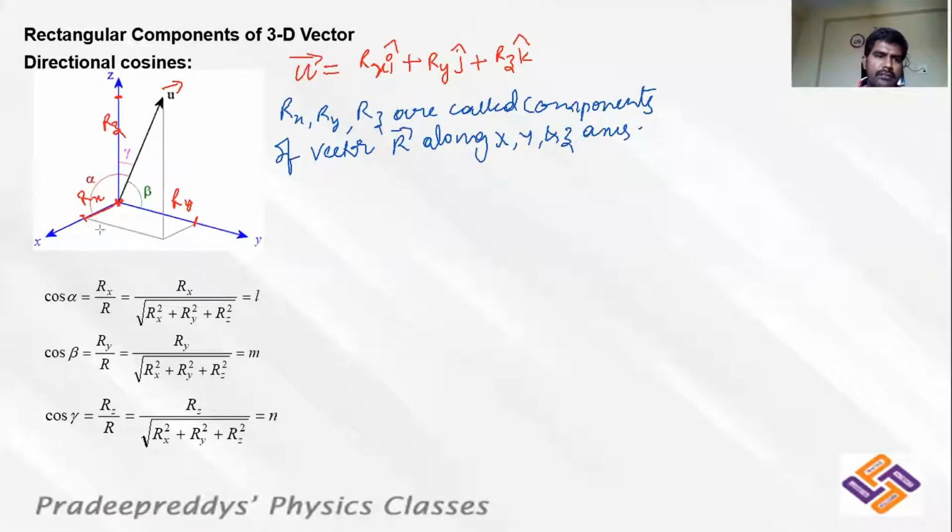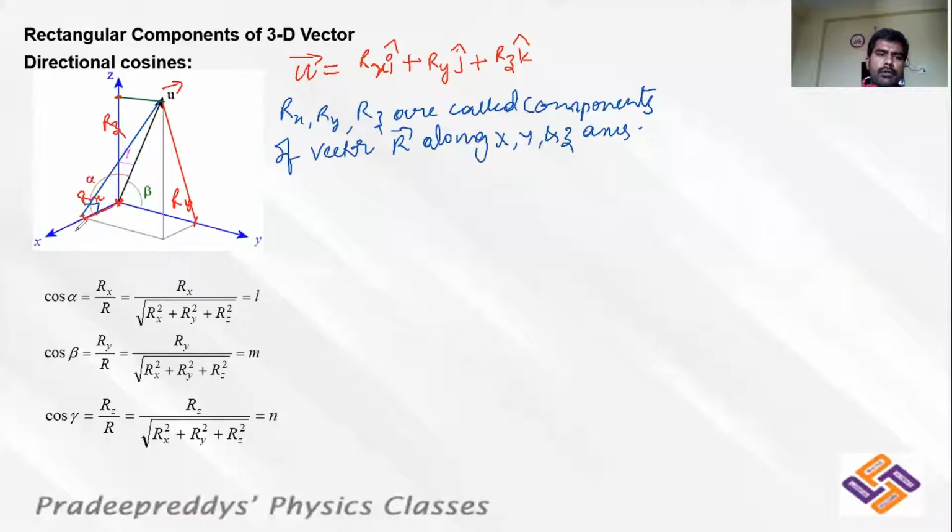This becomes one right angle triangle, and this becomes the perpendicular. Similarly, along y-axis also, along z-axis also, you can project them.